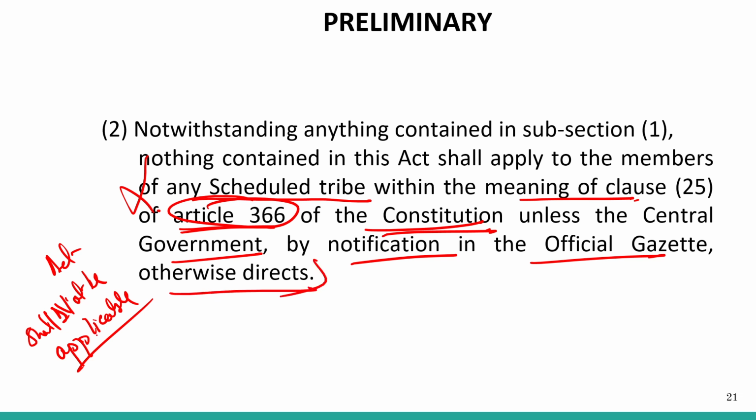So if the central government has directed that this particular community shall be considered to be Hindu, then even if they are falling within the brackets of Article 366, they will be considered as Hindu. Until the central government has declared by official gazette notification that this particular community should be considered as Hindu, they shall not be governed by this particular act.